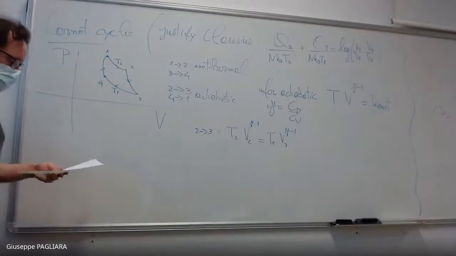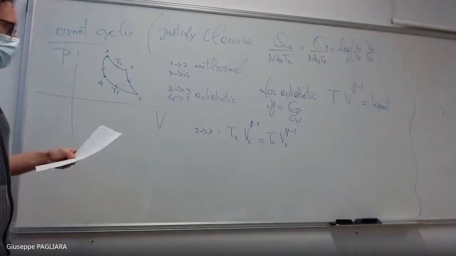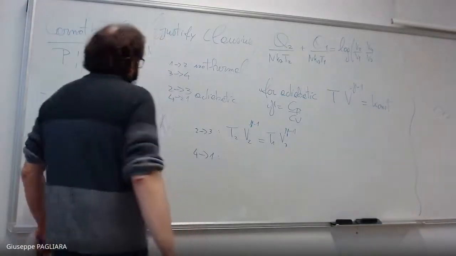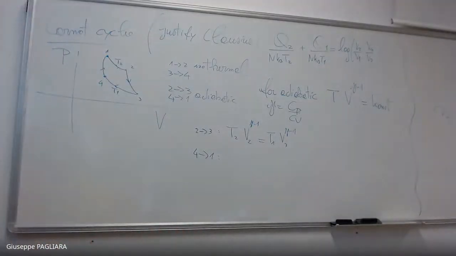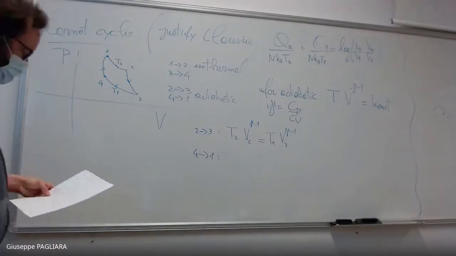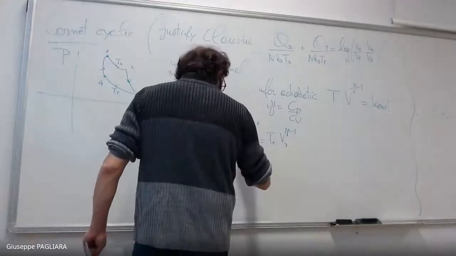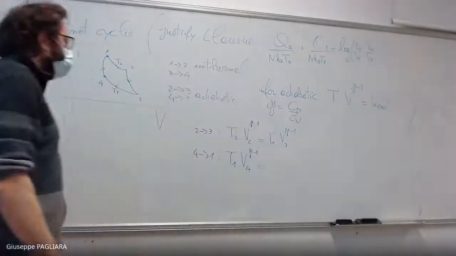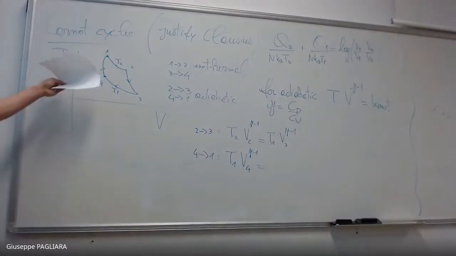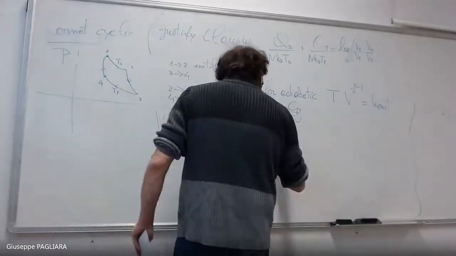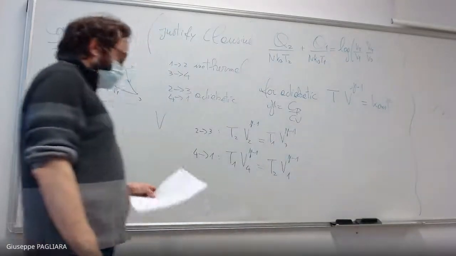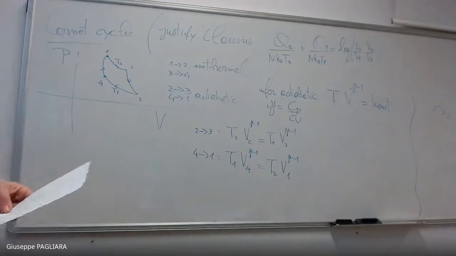Okay, now instead for 4, 1, I get that T1 V4 to the power of gamma minus 1 must be equal to T2 V1 to the power of gamma minus 1. Okay.